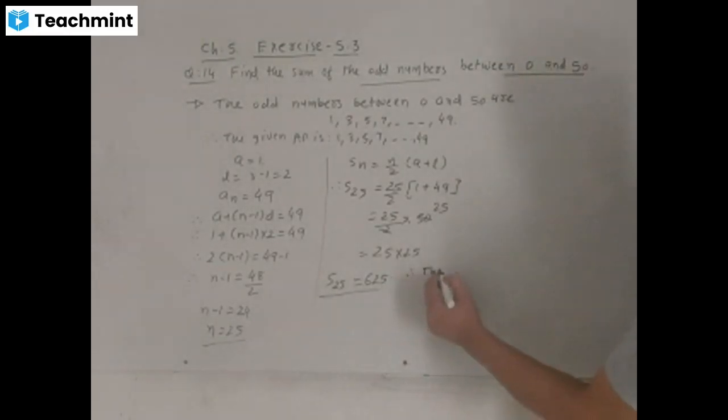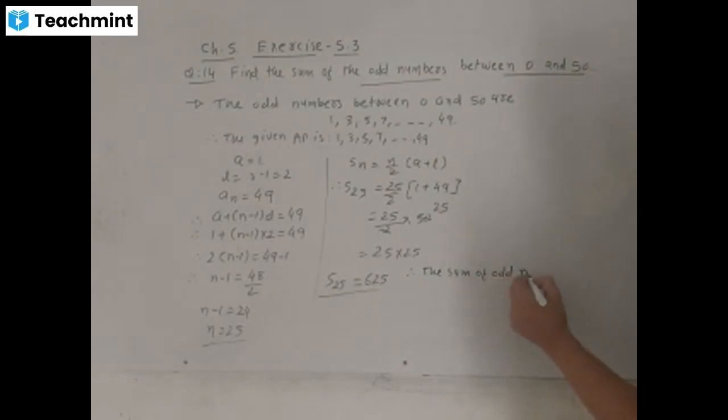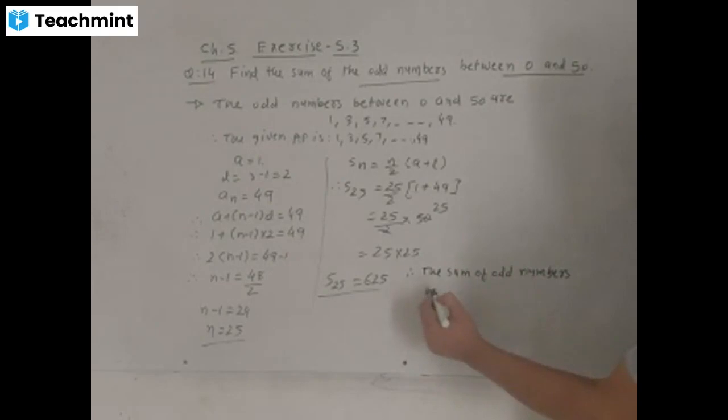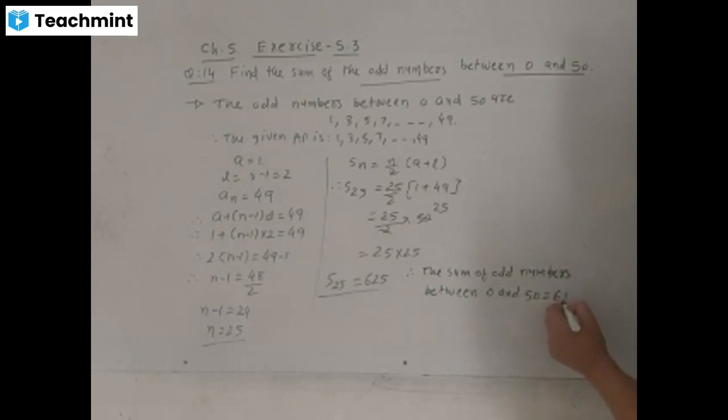Therefore, the sum of odd numbers between 0 and 50 is equal to 625. That is the final answer.